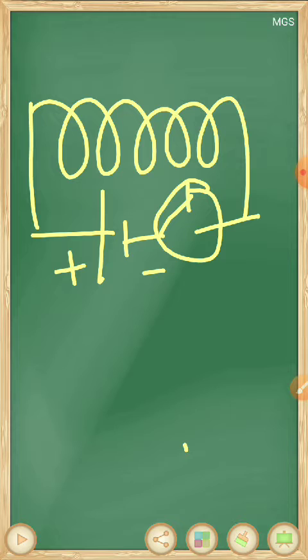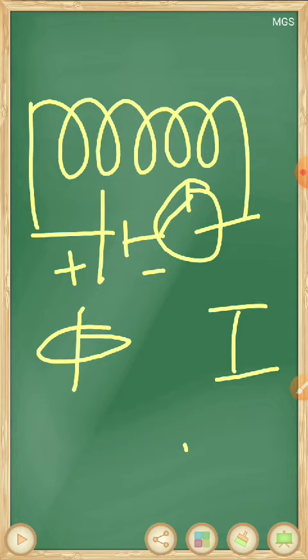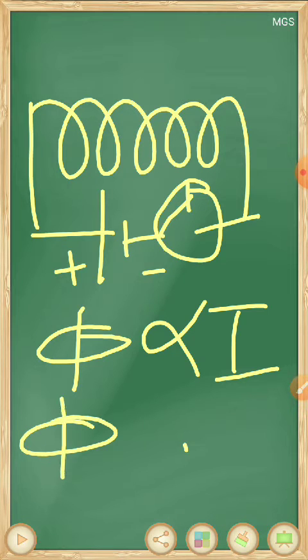At any instant, if phi is the magnetic flux linked with the coil and I is the current flowing in the coil, then it is found that phi is proportional to I. So phi is equal to L into I, where L is a proportionality constant known as coefficient of self-induction or self-inductance.